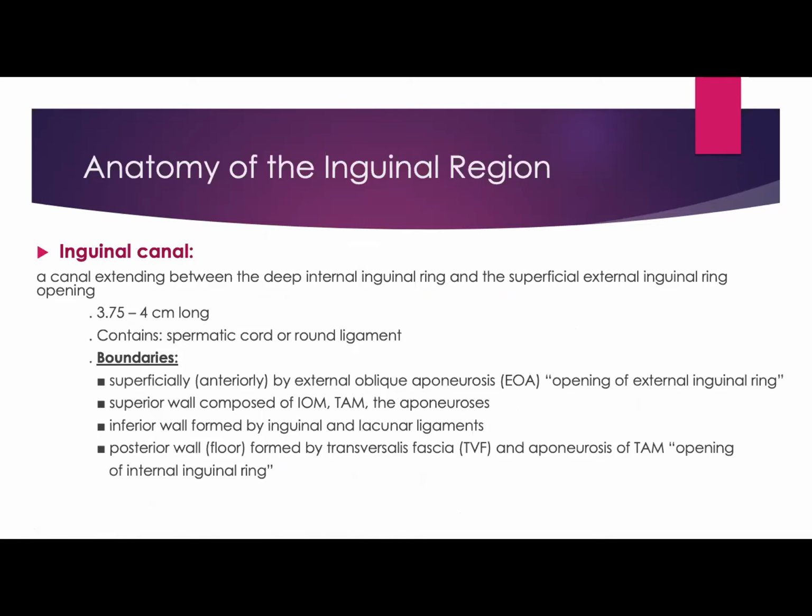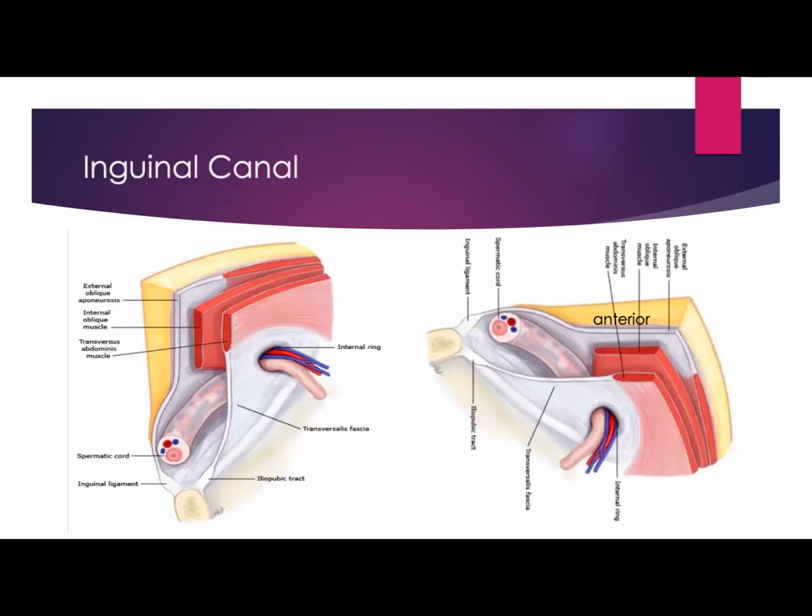So superficially, which is the anterior most part, we have the external oblique aponeurosis. And through that external oblique aponeurosis, we have the opening of the external inguinal ring, okay? We will see some pictures of it later on.